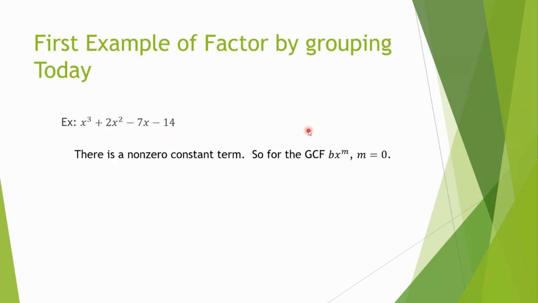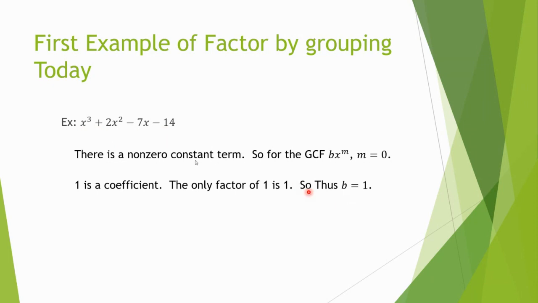Notice also that we have a coefficient. The leading coefficient here is 1. Well, the only factor of 1 is 1 itself. So that tells us the only common factor among the coefficients and the constant term can be 1, since 1 is the only factor of itself.